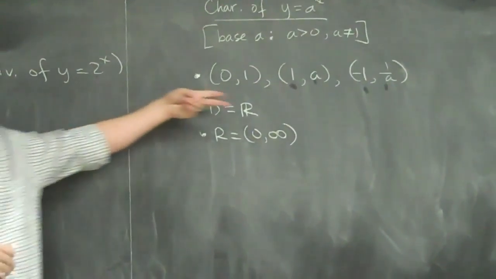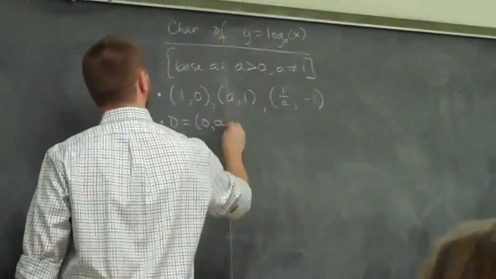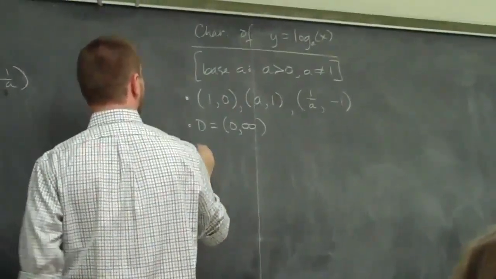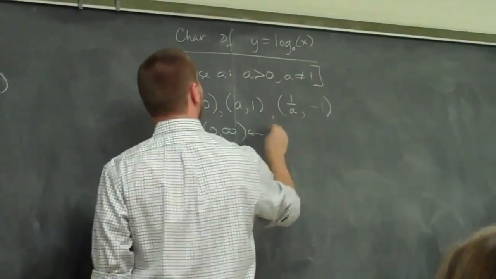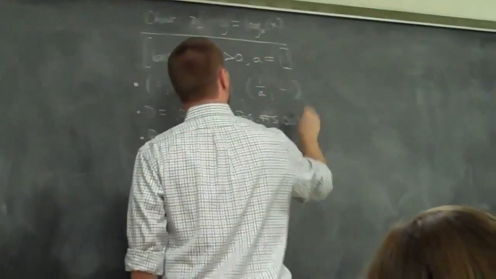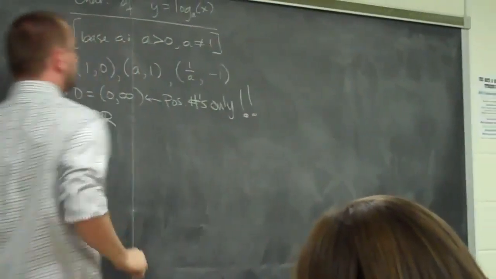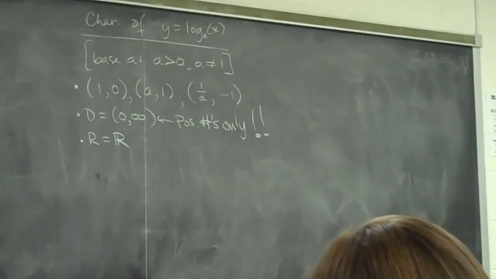With inverses, we switch. Doesn't matter if it's increasing or decreasing. The domain of any log function is 0 to infinity, and the range is all real numbers. Just want to emphasize that again.